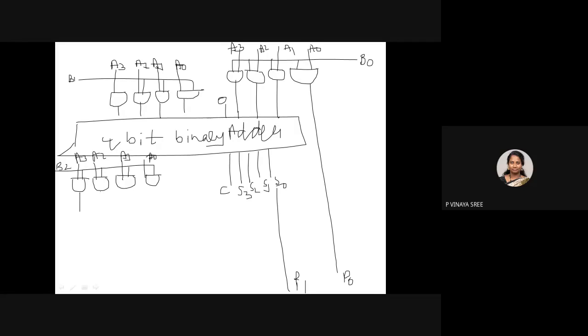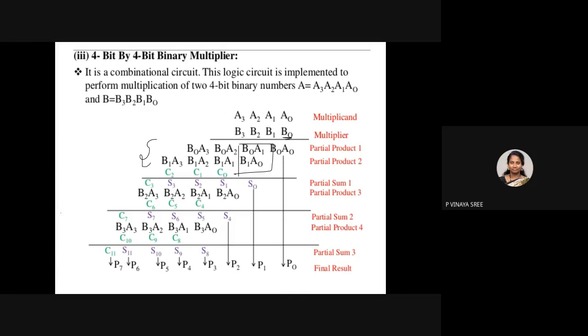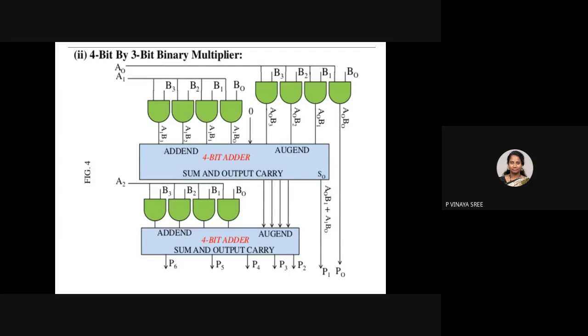In this one you are getting 4, in this also you are getting 4. You are doing 4 bits again, and in this 4-bit adder, the sum we are giving to P2. See here, the output of that sum.